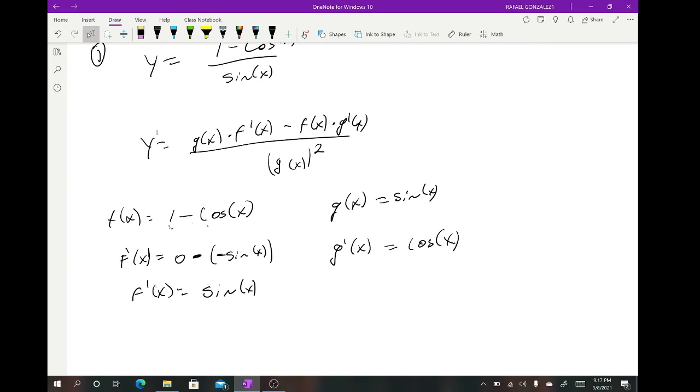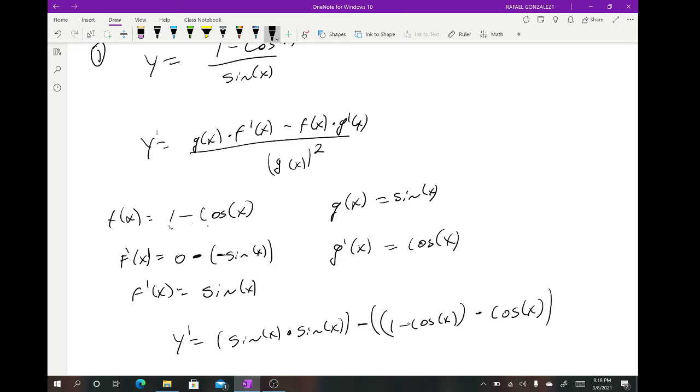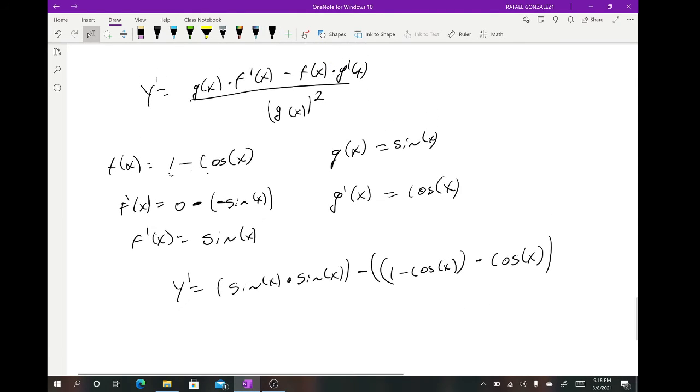Okay, so now we put it together. So y prime is g of x times f prime of x. That's going to be equal to sine of x, that's our g, times f prime of x, which is also sine of x, minus f of x, which is 1 minus cosine of x, times g prime of x, which is just cosine of x, divided by the bottom squared.